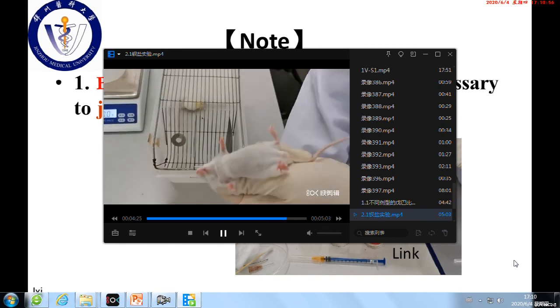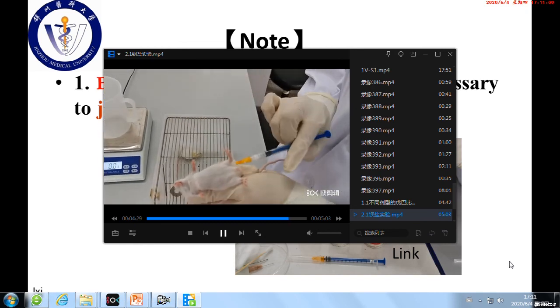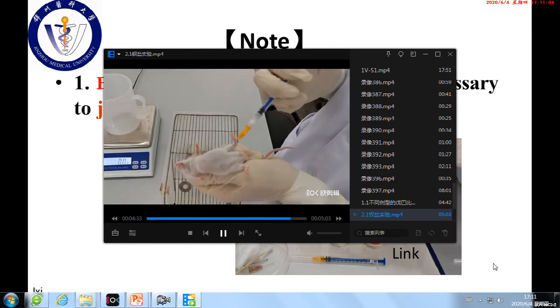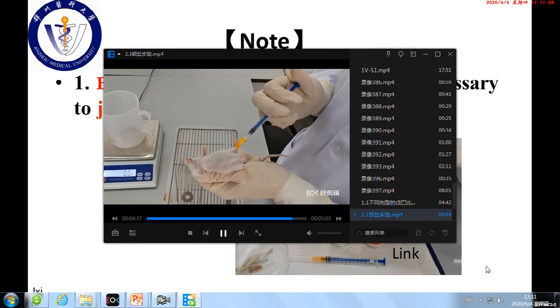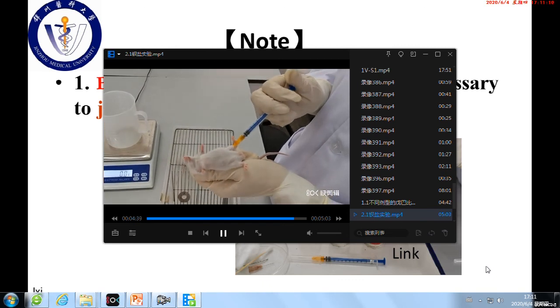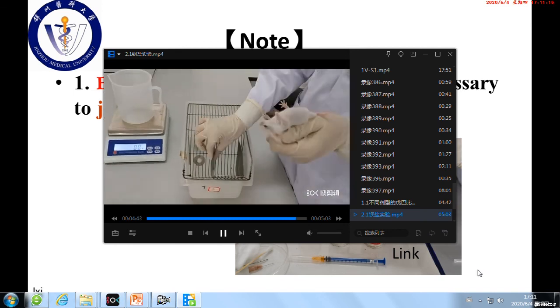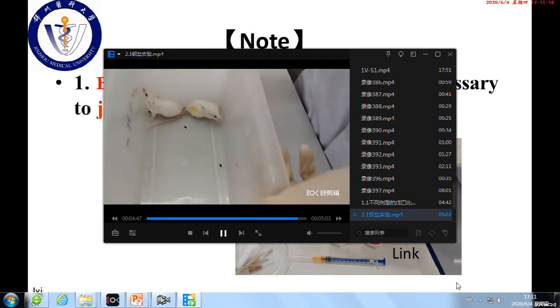Hold the mouse with your left hand and inject the drug with your right hand. Peritoneal injection. After injection, put them in the mouse cage and observe their behaviors.